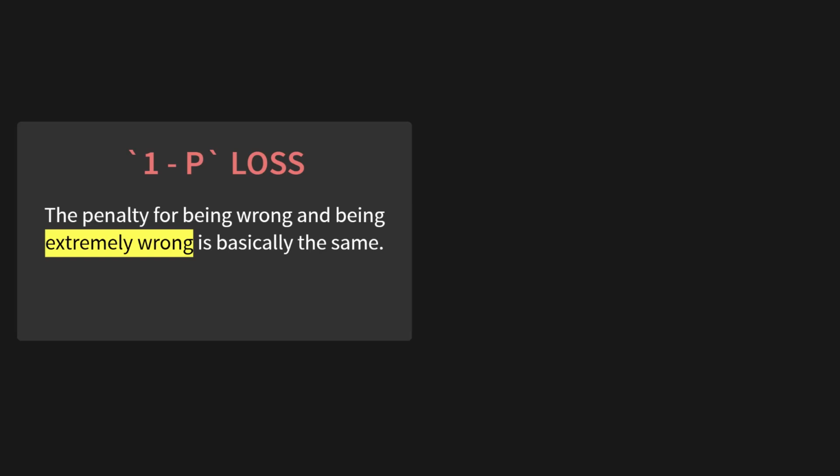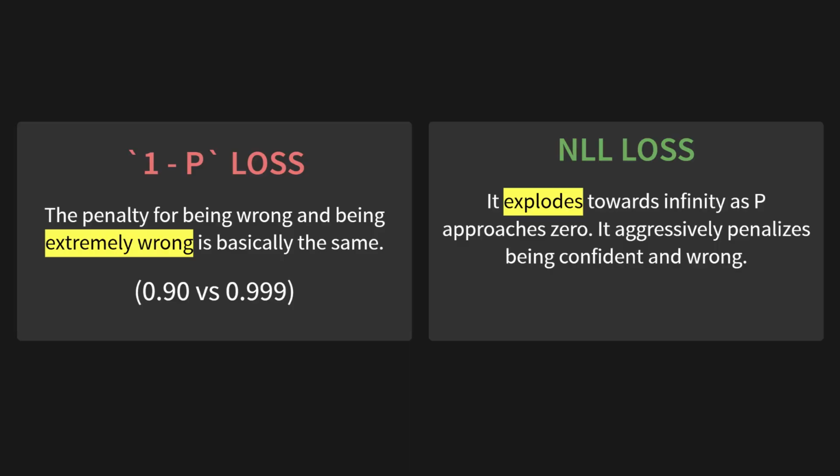Let's break that down. With the simple 1 minus p loss, the penalty for being wrong, which was 0.90, and being extremely wrong, which was 0.999, is basically the same. There's not much difference in the punishment. But the NLL loss is different. It explodes towards infinity as the probability approaches 0.